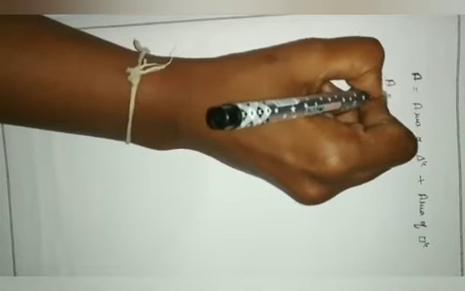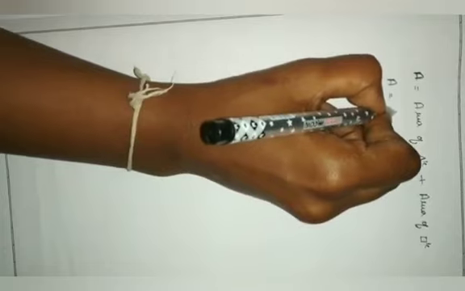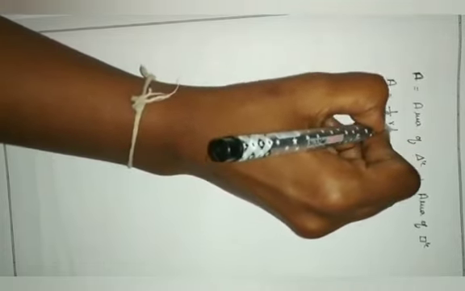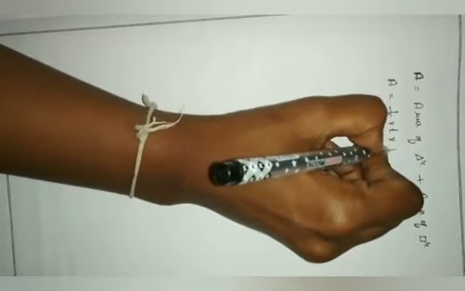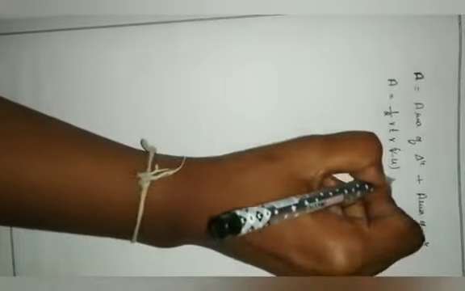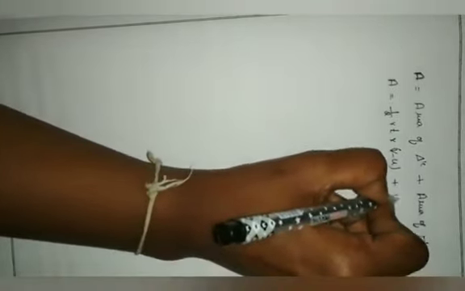Total area A is equal to half into t into v minus u, plus u into t.